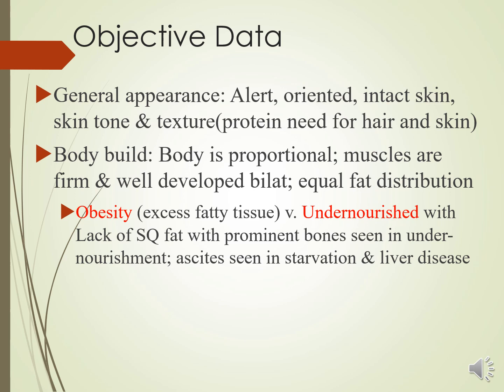Do they have muscles that are firm and well developed? And then equal fat distribution throughout the body. So if patients are obese or have excess fatty tissue versus undernourished, those are differences in their subcutaneous fat, and we can definitely see that difference when we're looking at some of these patients.